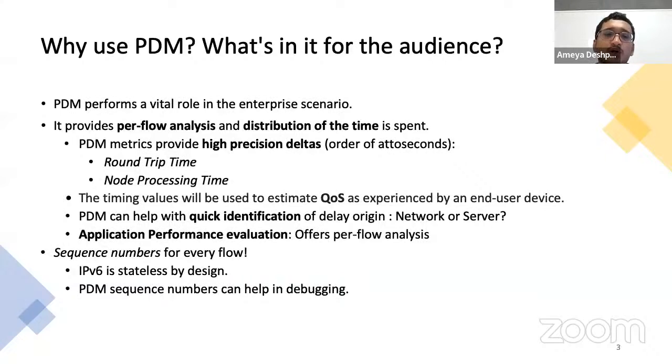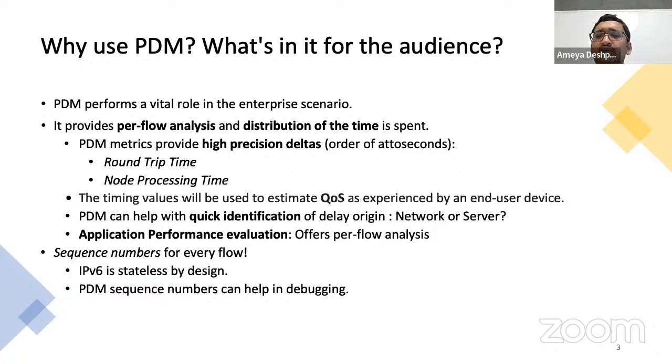Okay, so why use PDM? What makes it interesting? We have a couple of co-authors who represent the enterprise perspective, that PDM can help them with application level analysis. And for most organizations, time is a main factor where you check the quality of your service.